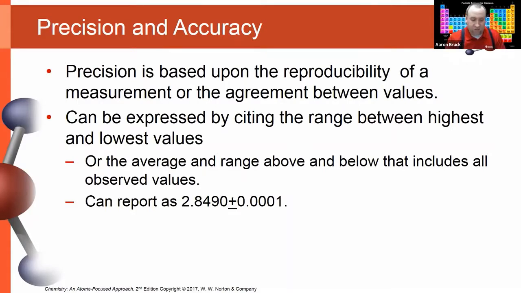So I take an object like this pen, measure it on a balance several times, record all the measurements, and see what kind of range I get. The highest value and the lowest value, we subtract those from each other, and that gives us a tolerance, a range. So that's what this plus minus refers to. This is something called a tolerance.